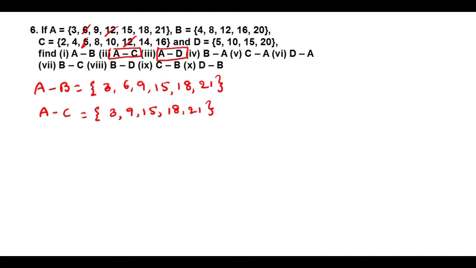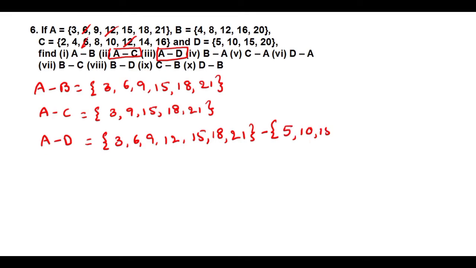The process how to write is A minus D mean first you write all the elements from set A. That is what? 3, 6, 9, 12, 15, 18, 21. Okay. Minus and then you write all the elements from set D, that is 5, 10, 15, 20, and then you cancel what are the common in the both.